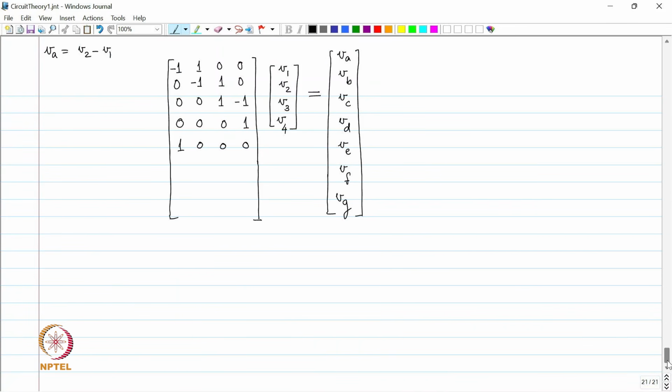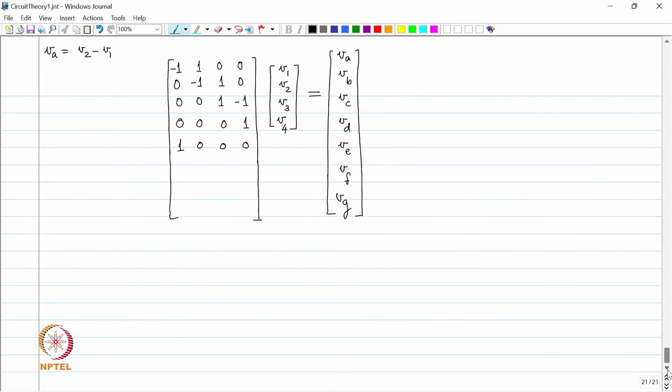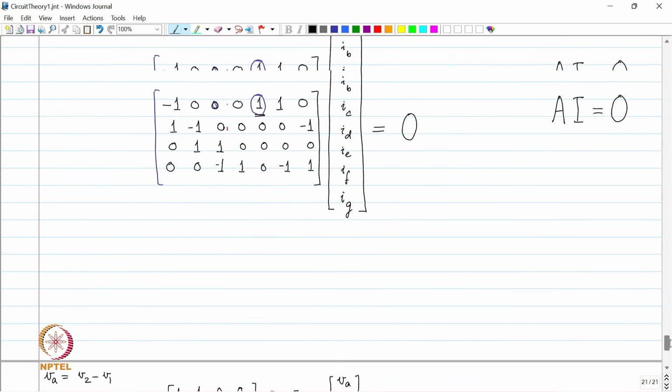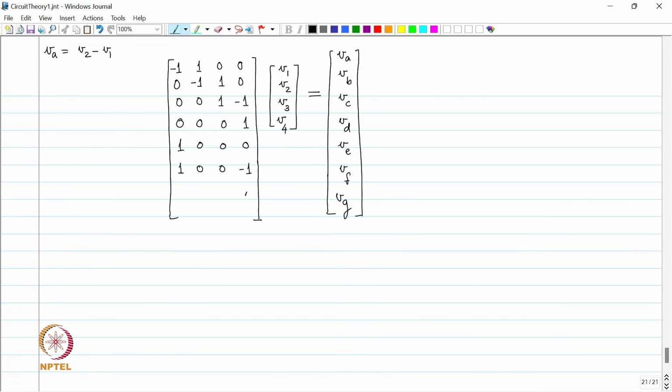And then V F is 1 minus 4. And lastly, V G. So, I have constructed all of it.